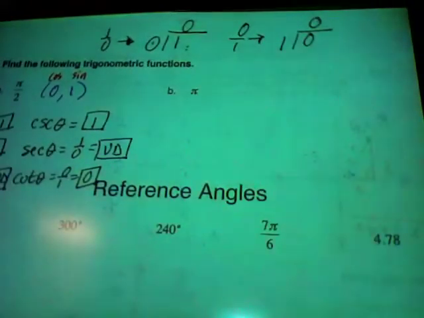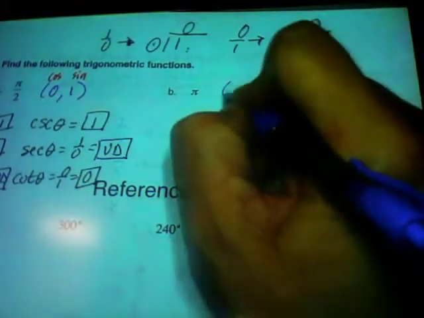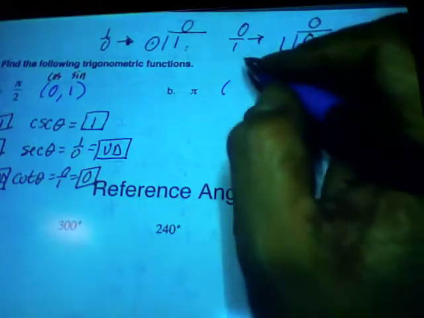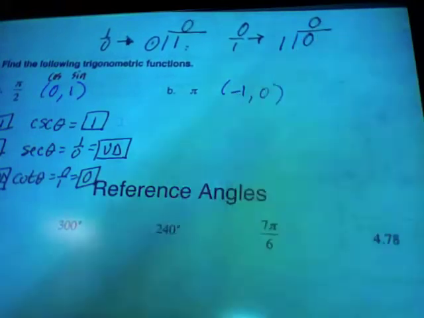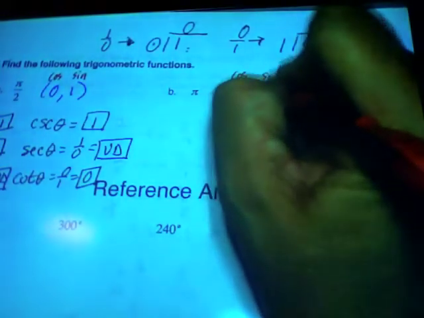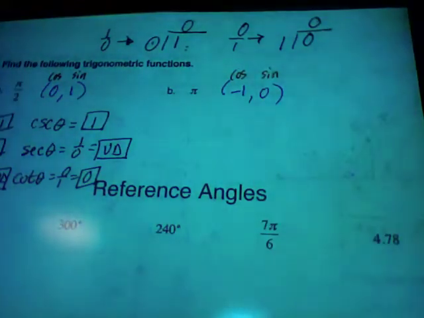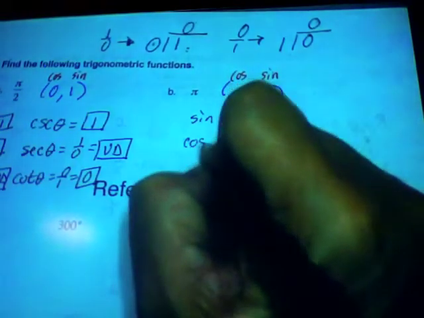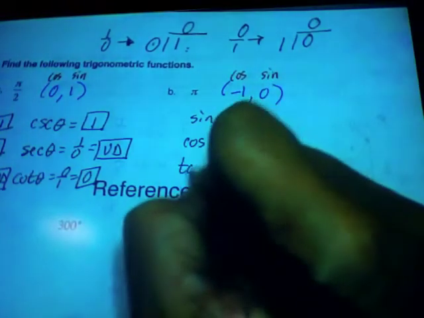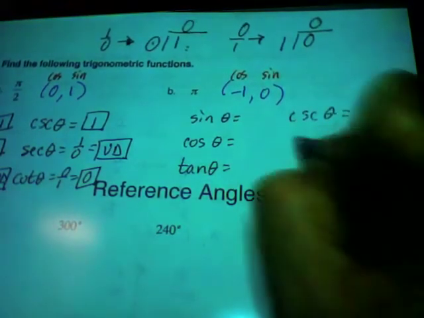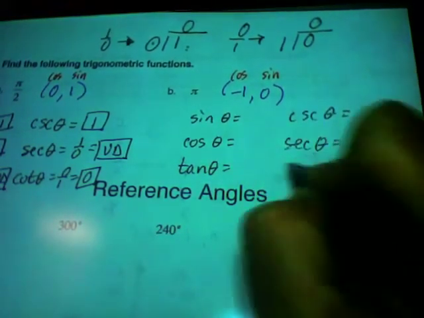All right, pi, is that a north, south, east, west direction? It's west. What is its ordered pair? -1, 0. So isn't this cosine and isn't this sine? So write them all out: sine, cosine, tangent, cosecant, secant, cotangent.